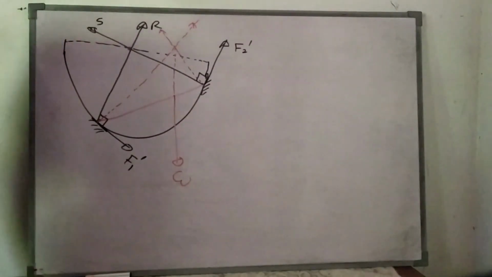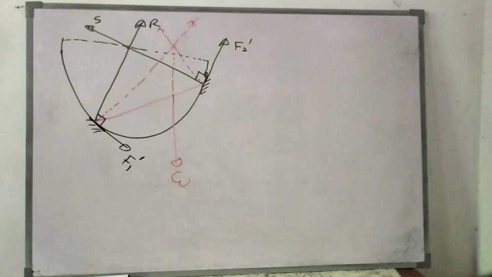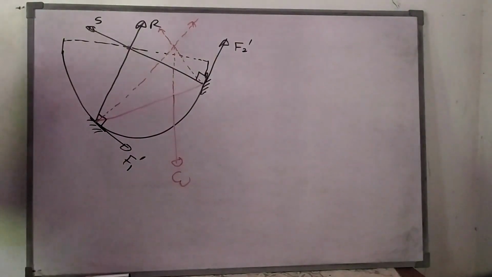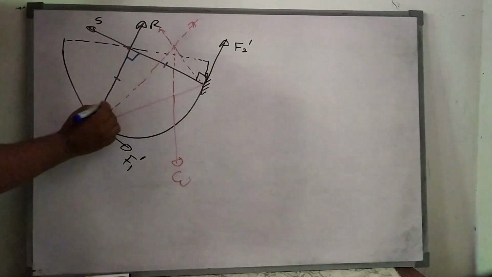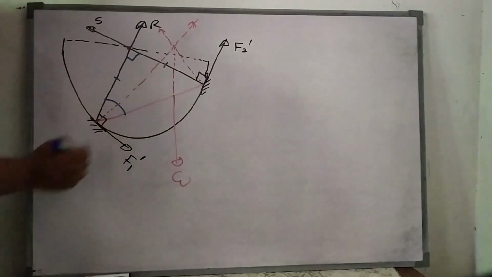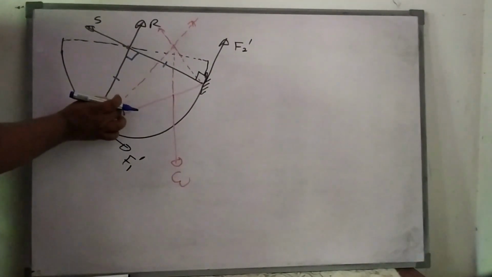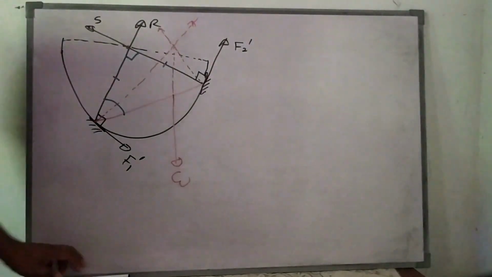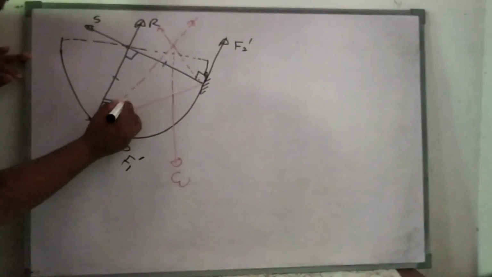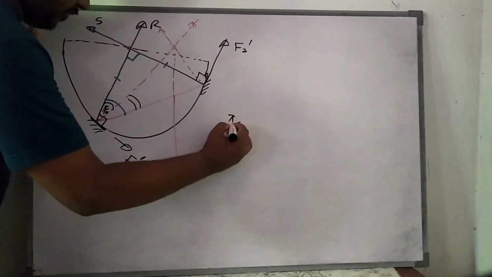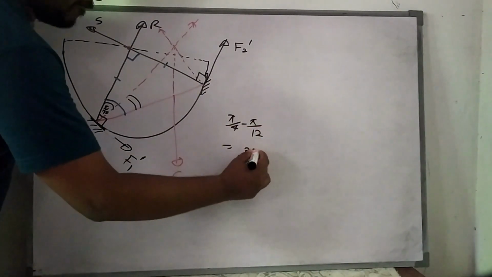So we just need to calculate the angle of the rod with the horizontal. This is 90 degrees. The radii are the same, so each of these is 45 degrees. The small one is 5 pi by 12, it was given now.